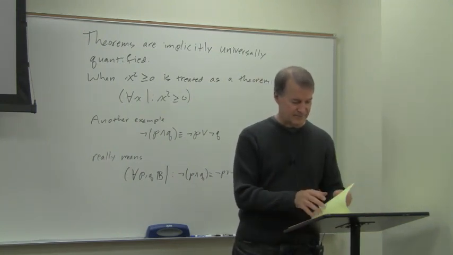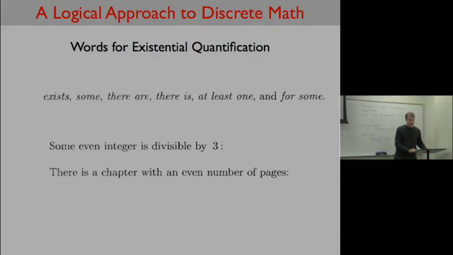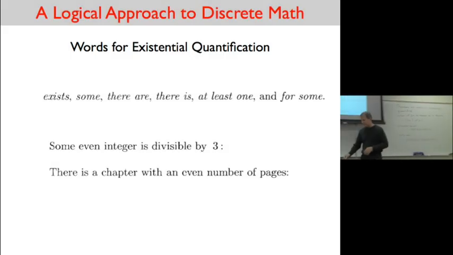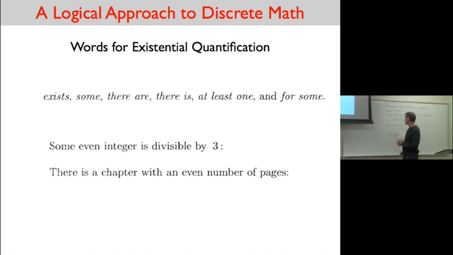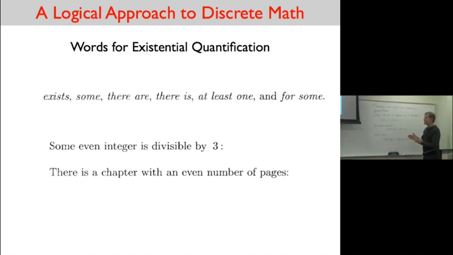Now, next one is English words for there exists, for existential quantification. Okay? So what do we have here? Exists, some, there are, there is, at least one, for some.